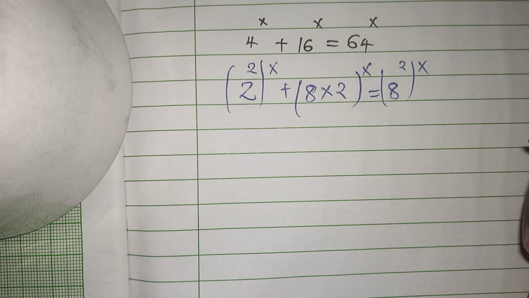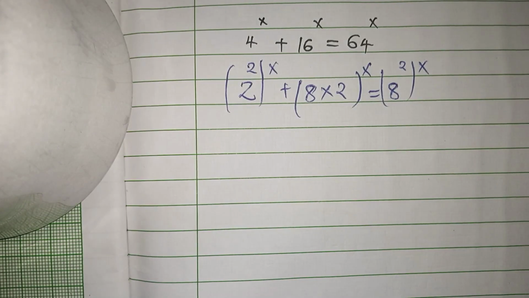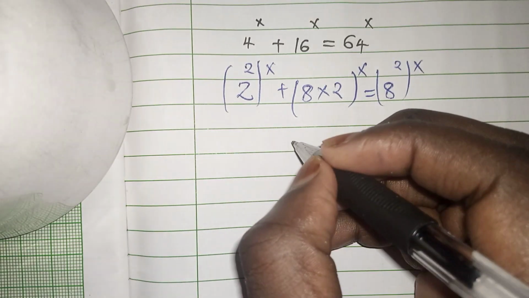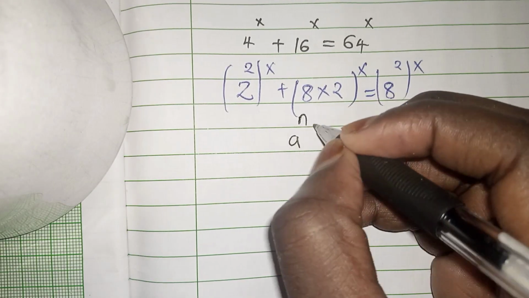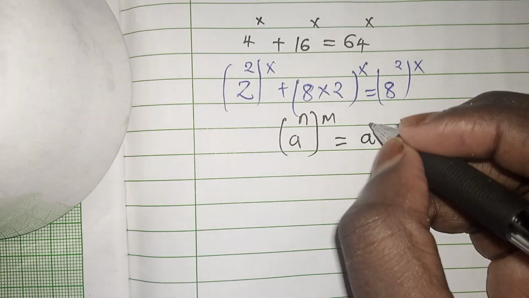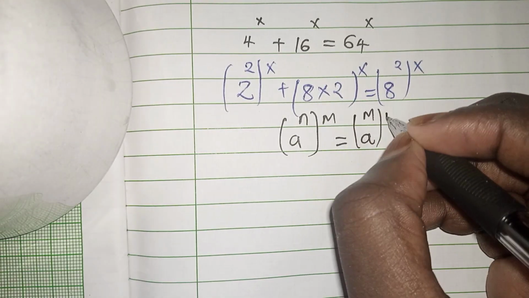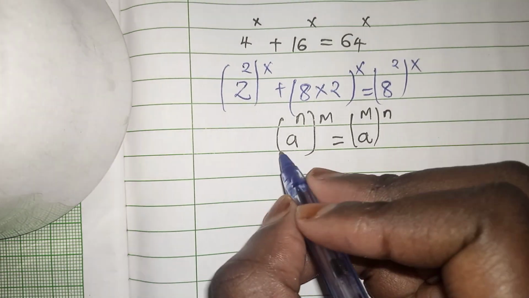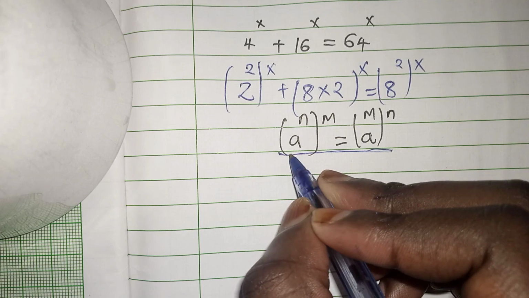Okay. My next step, using this formula, we have this formula: a to the power of n, all this to the power of m, is the same as writing a to the power of m, all this to the power of n, exchanging the exponents. This is the rule, or the formula, of exchanging the exponents.